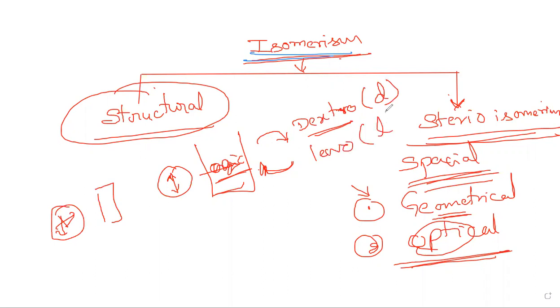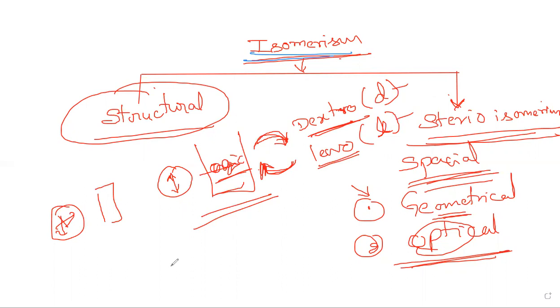Levo is represented with a small letter l. These are dextrorotatory and levorotatory optical isomers. If the organic solution rotates the plane polarized light towards the right, it is called dextrorotatory. If it rotates it towards the left, it is called levorotatory, represented with D and L configurations.